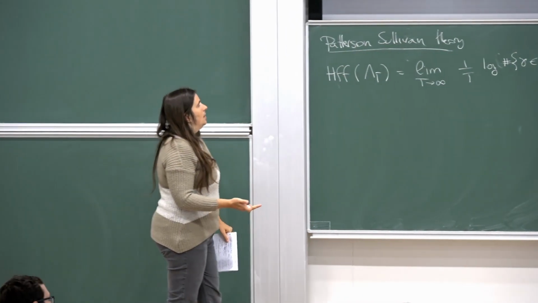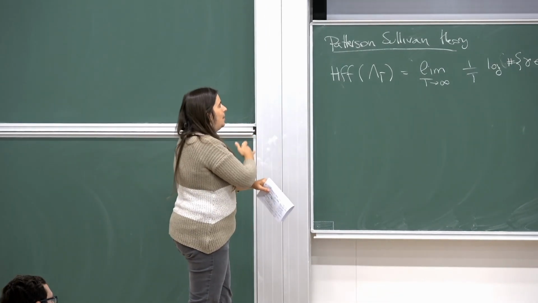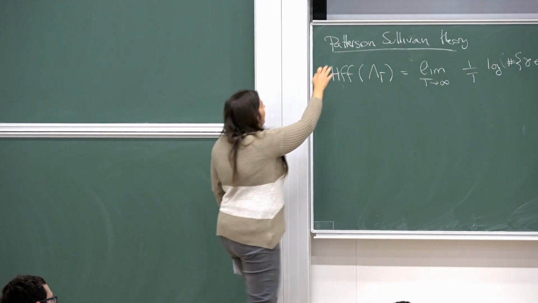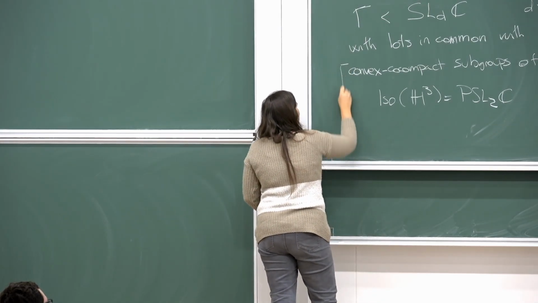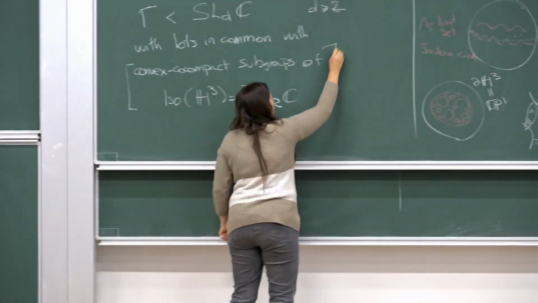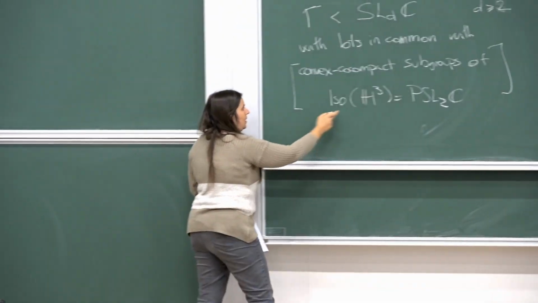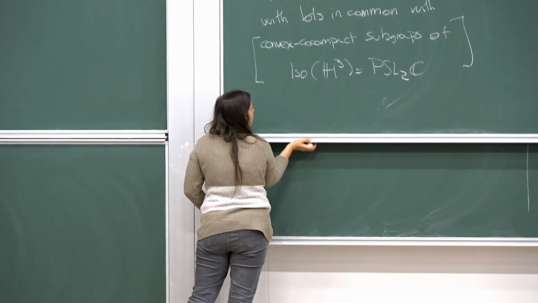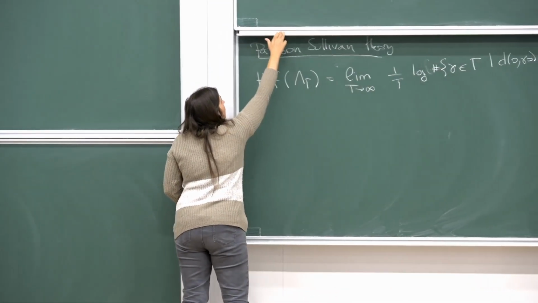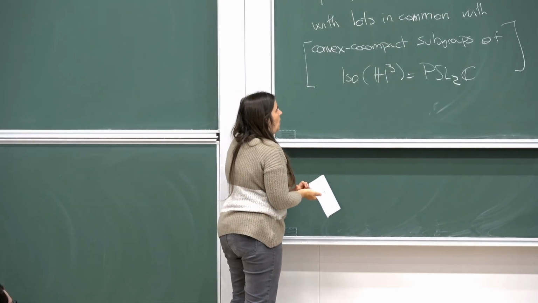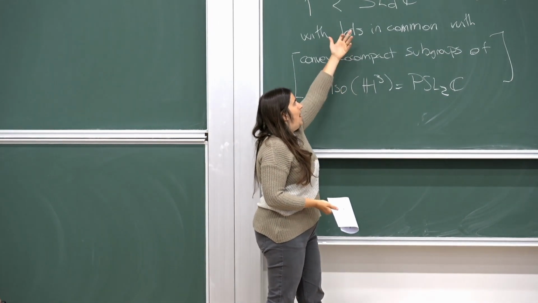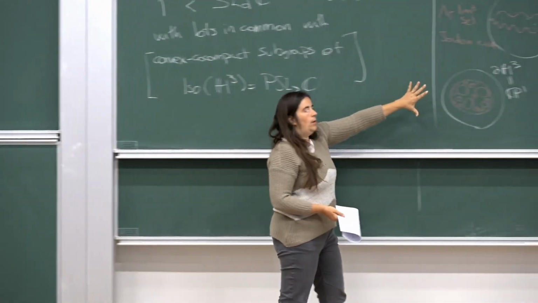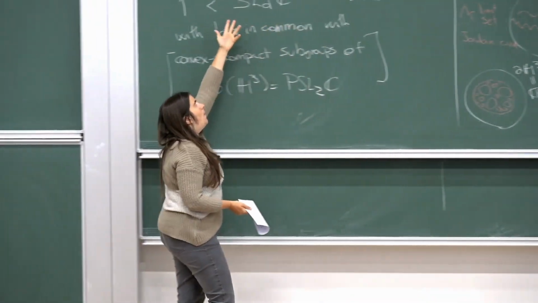Okay, so this was a brief introduction, a reminder of something that has been done in hyperbolic 3-space. And the idea is that we want to understand similar phenomena for actions on manifolds that are no longer negatively curved, but are non-positively curved.